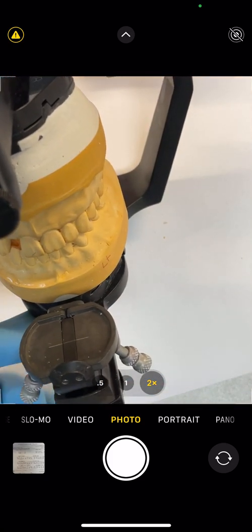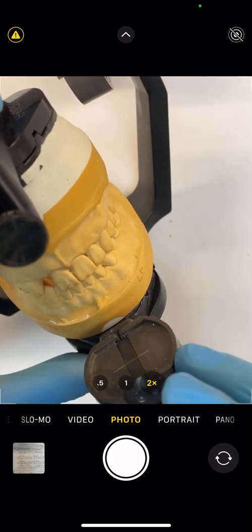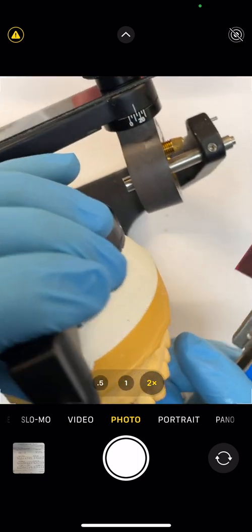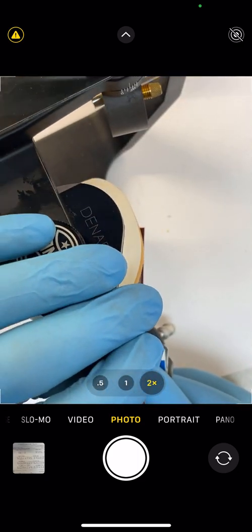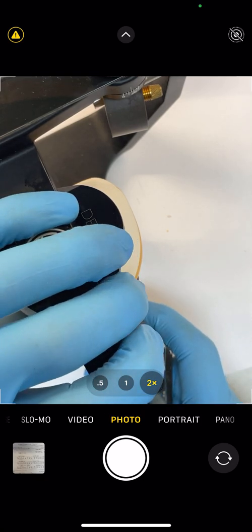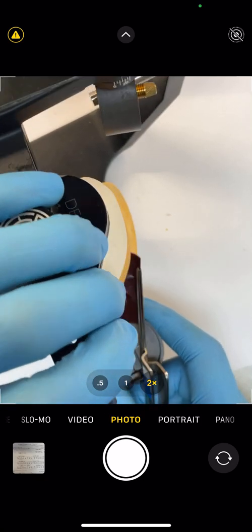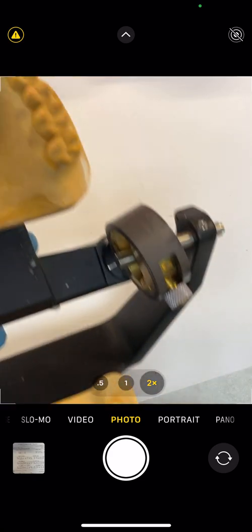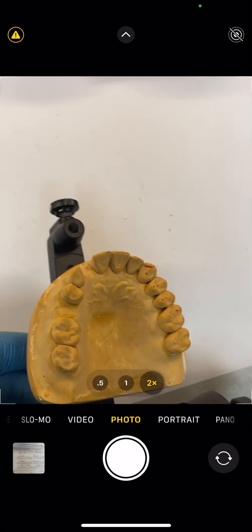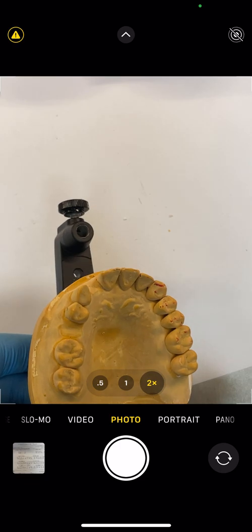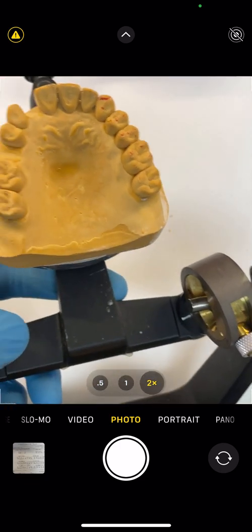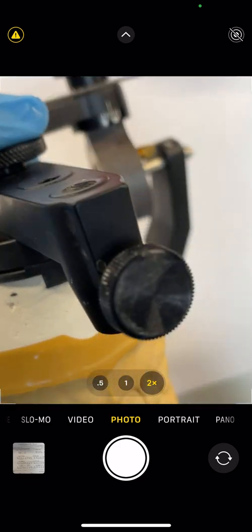But before we do that, let me show you, if I can see. You see the line on the canine? That's the canine guidance on the patient left side. Let's do the other side.